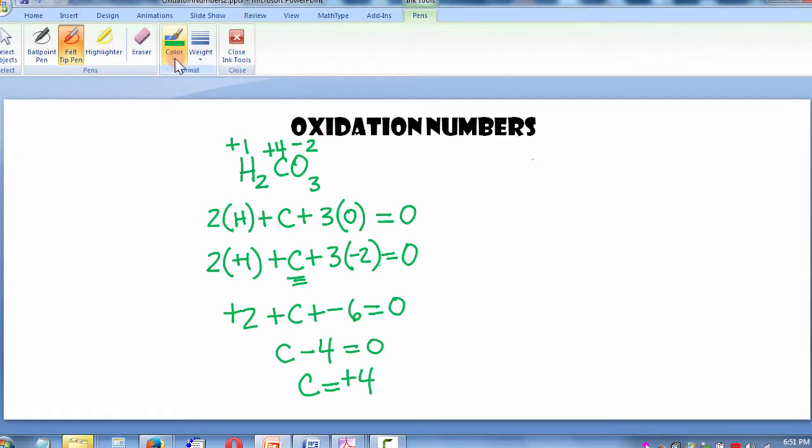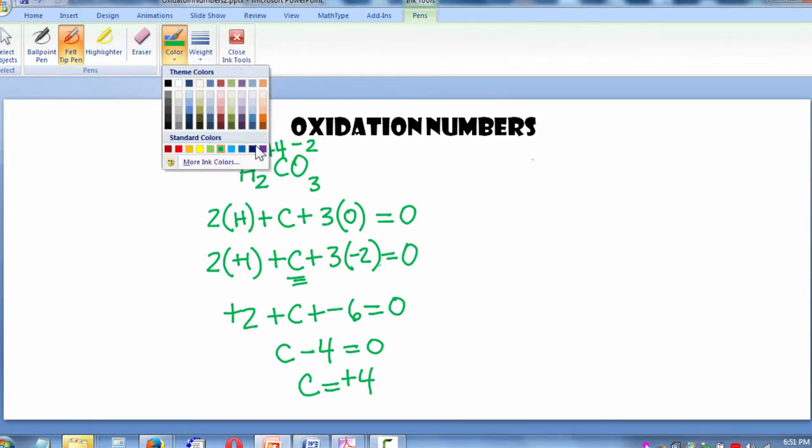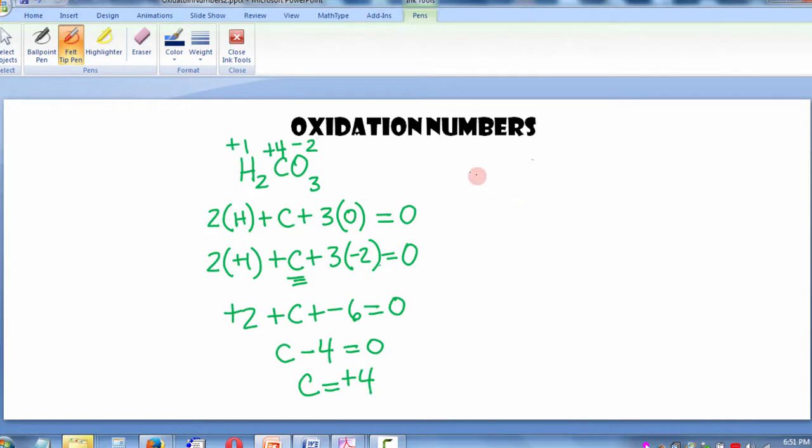Now, let's double check that. H2CO3. We have a +1, but we have 2 of those, and we have +4, and then we have 3 oxygens at a -2 each. Does that sum up to be 0?